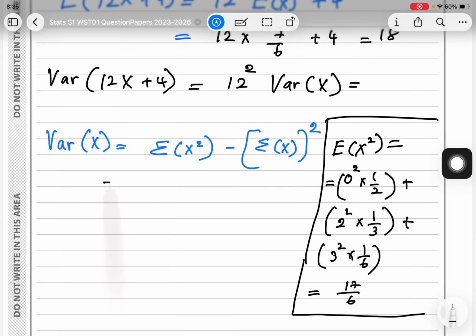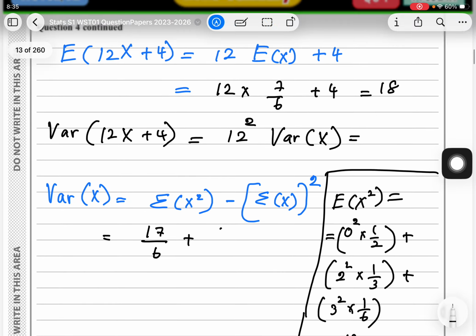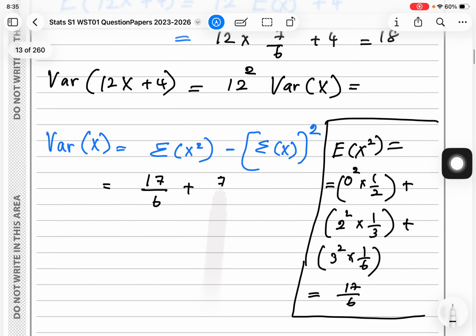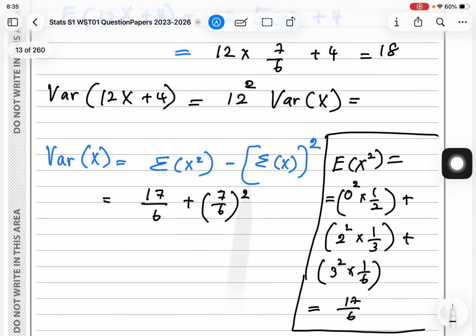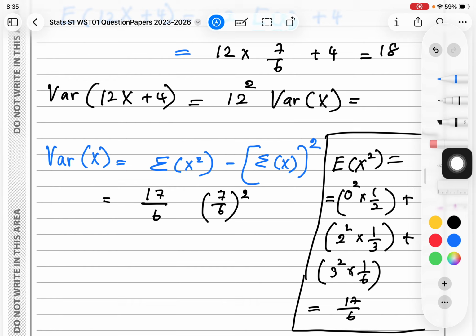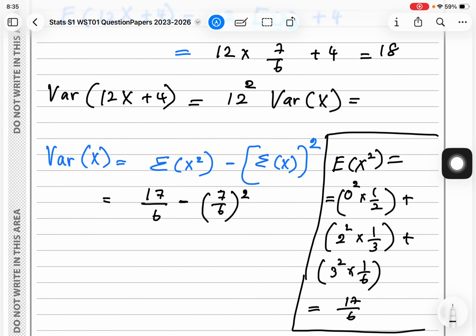So we have 17 divided by 6, and E(x) was 7 over 6, and you square it. It's not plus here, it's subtraction. Be mindful with the symbols, otherwise it will lead to a bigger issue. So what we get is 53 divided by 36.